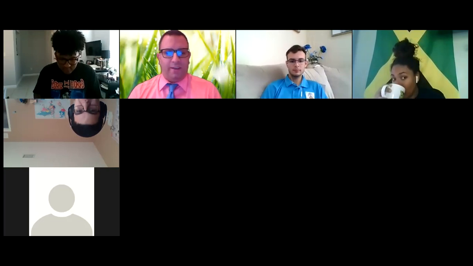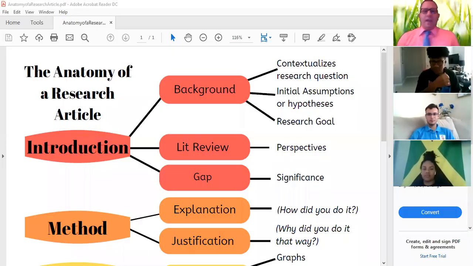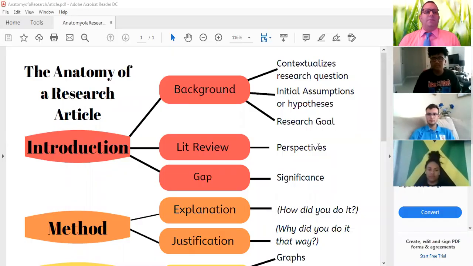All right, so let me share with you a quick little graphic that I found the other day. When you're looking at a research article, so this is going to be something like in the stimulus packet, something like that really long one about the gene splicing. When you're looking at one of those articles, that's typically longer.